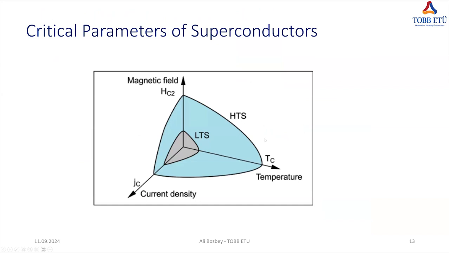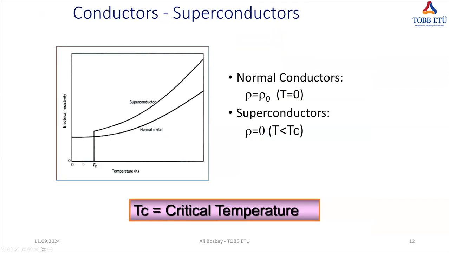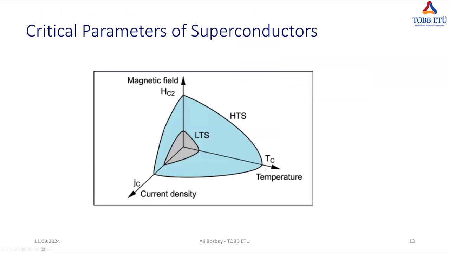And here, in this graph, one parameter was the critical temperature, but the critical temperature alone is not enough for a superconducting state. For a material to be superconducting, two other parameters should be satisfied. One is the critical current density. Another one is the critical magnetic field.